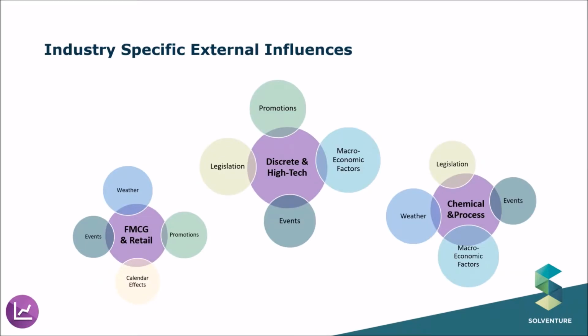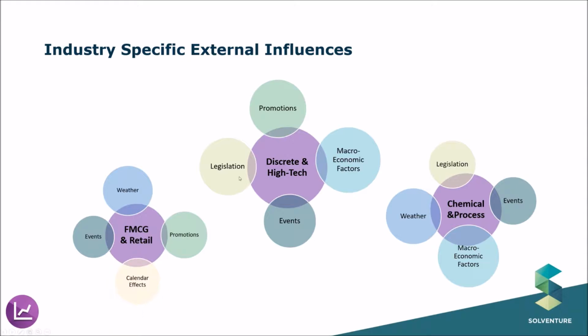All right, so what we've seen is that by including external information, not every industry is affected in the same way by the same external indicators. So for example, events can happen, of course, in each of these industries, but we've seen that promotions play a bigger role in an FMCG environment, whilst macroeconomic indicators have a bigger influence in discrete and chemical types of companies.